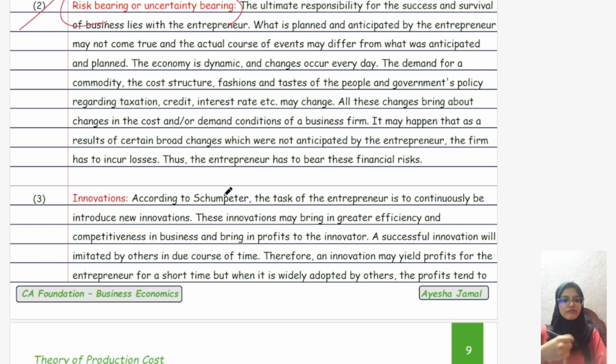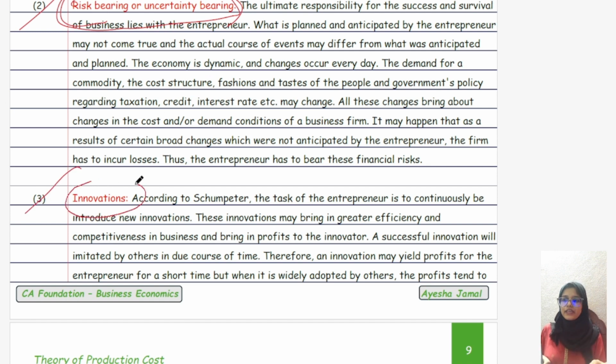So this is the financial risk involved, right? This is nothing but financial risk and uncertainty. What if, in the near future, we face a COVID-like situation? In COVID-19, almost every business failed or incurred loss. That is nothing but risk bearing, being ready to bear the risk and uncertainty.